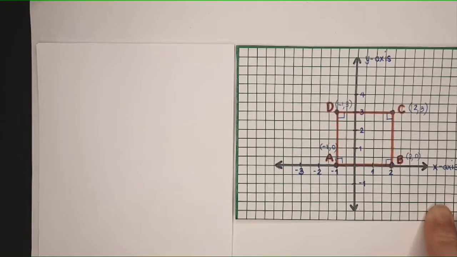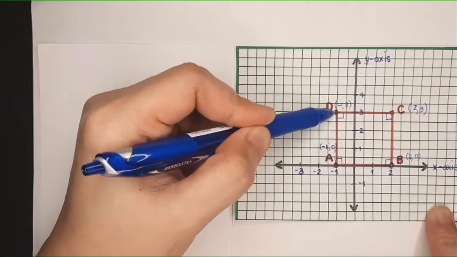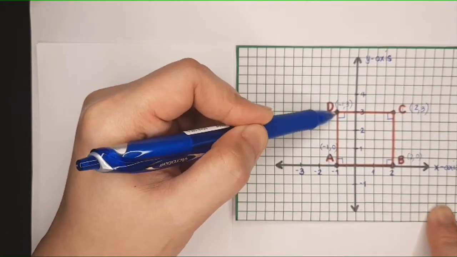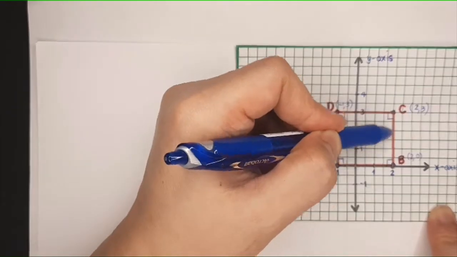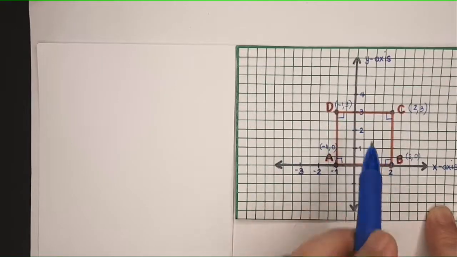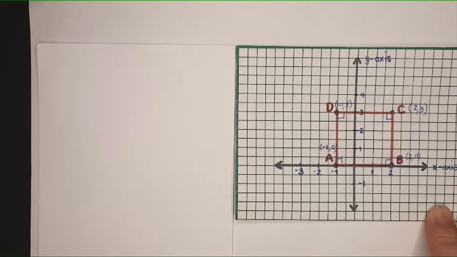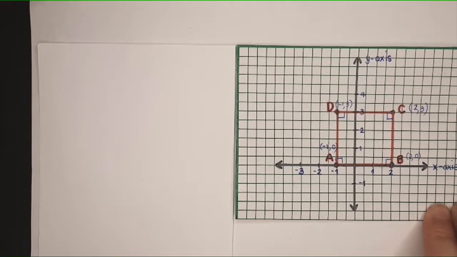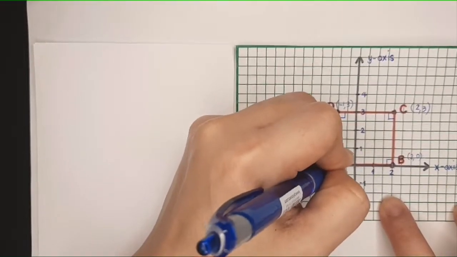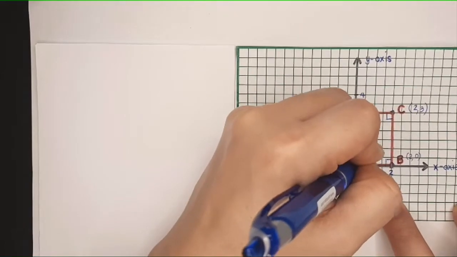So, to prove that this is really a square, we prove that the distance between these 2 points, for example, is equal to the distance between these 2 given points. The distances here should also be equal, and equal here too, because a square has 4 equal sides. So, let's do it. Let me label it. Let's call the distance between points A, B D sub 1.